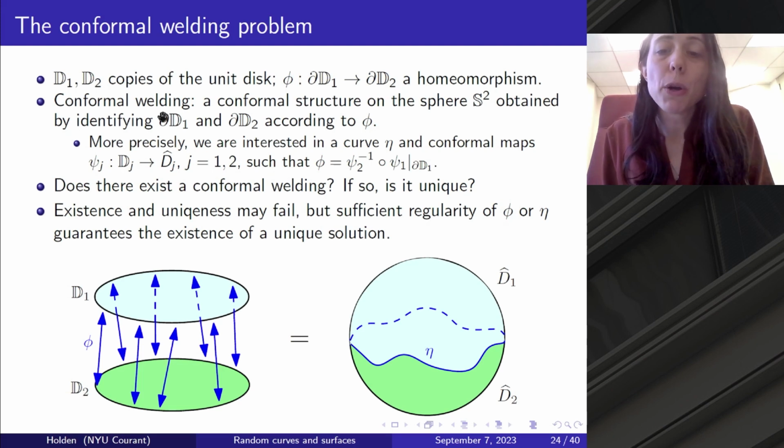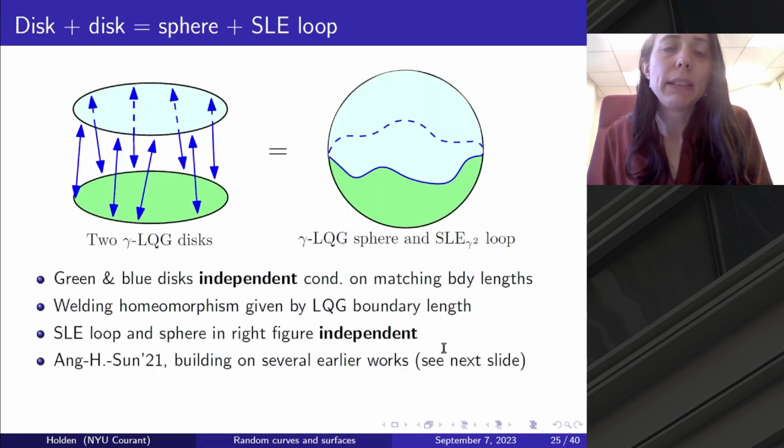But what is not clear is that we also have such a unique conformal structure across this curve eta, and we can talk about both existence and uniqueness of this conformal structure. This conformal welding problem is a classical and hard problem in analysis, and in general, both existence and uniqueness may fail. But if one has sufficient regularity of either phi or of this curve eta, then this guarantees the existence of a unique solution.